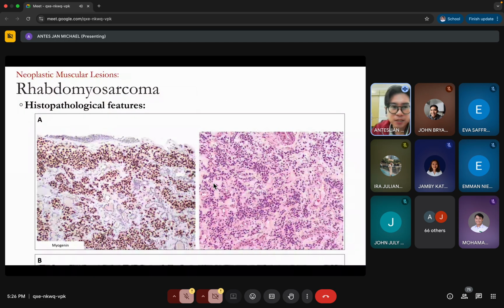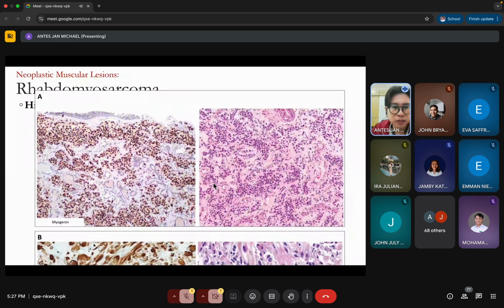Like for example, in this case, you cannot really differentiate where the fibrovascular septa is. Are we dealing with an embryonal here? Are we dealing with alveolar? But then running it through the IHC, that's the time that we definitely know that these aggregations of cells are the tumor cells. Those parts that don't have any aggregation of cells are fibrovascular septa. So the cells that are positive with the brown stain are the tumor cells, and the other parts that are negative to the stain are fibrovascular septa.